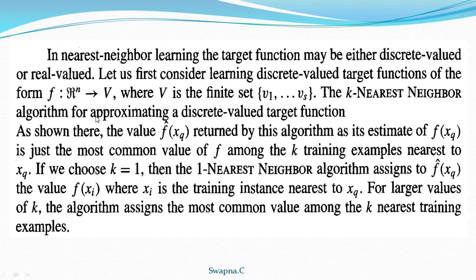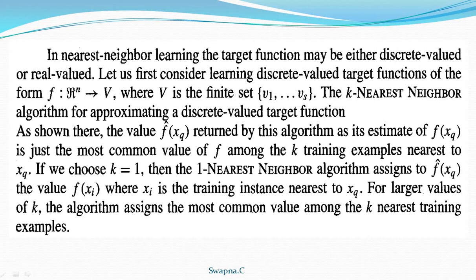The K nearest neighbor algorithm for approximating the discrete valued target function is shown in the form of f cap of xq. Xq is the new query instance. The algorithm returns, as its estimate of f of xq, the most common value of f among the k training examples nearest to xq.